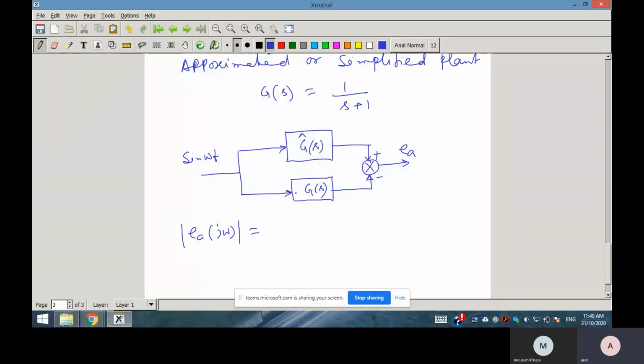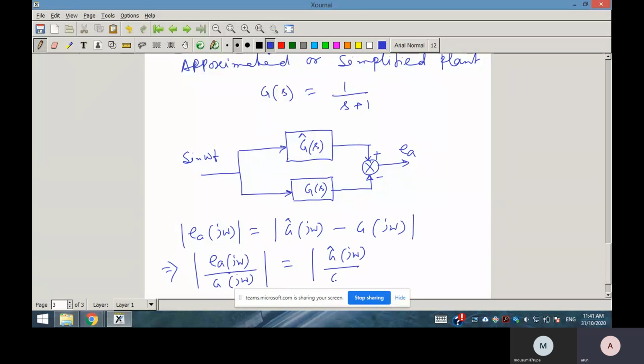This is the frequency response, since a sinusoidal input you are giving. So what is the mod value? It will be mod of G hat(j omega) minus G(j omega). So that means the normalized error is E_a divided by G(j omega). So the normalized error you can write like this: G hat(j omega) divided by G(j omega) minus 1.